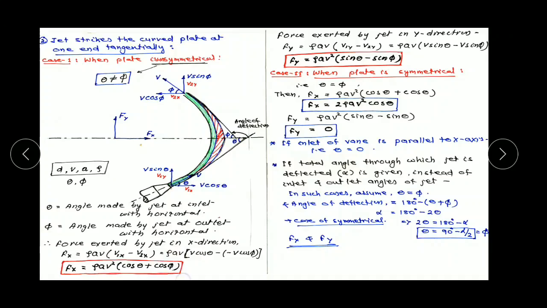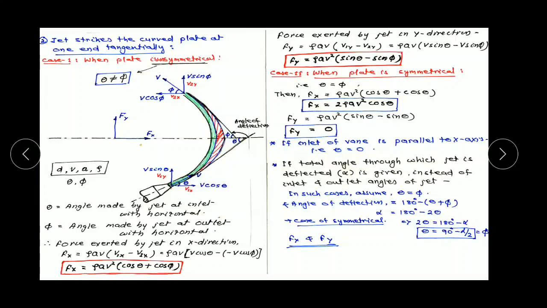Therefore Fx equals 2 rho a v square cos theta. And Fy equals rho a v square into sin theta minus sin phi. By replacing theta equal to phi, we get Fy equals 0. So when the plate is symmetrical, Fx equals 2 rho a v square cos theta and Fy equals 0.